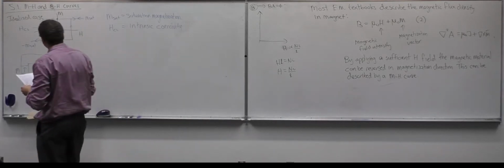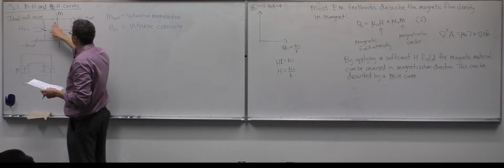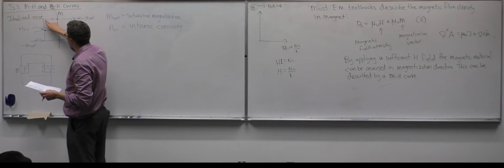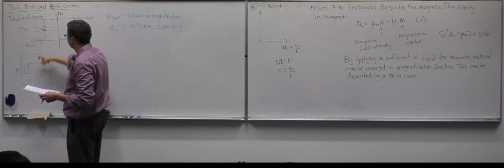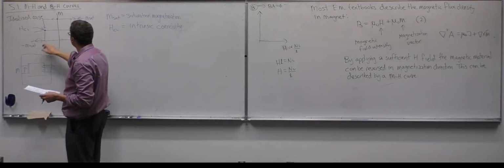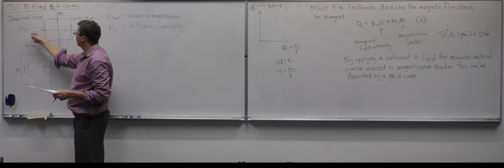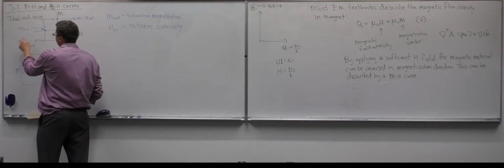Okay, so on this, we apply a field, and at this HCI, it changes direction. So we've flipped the magnetization direction. If we keep applying more negative field, it will just keep moving out here, and it won't change.